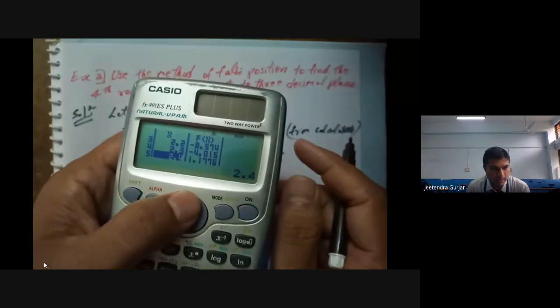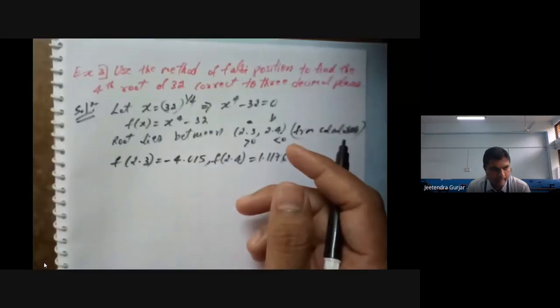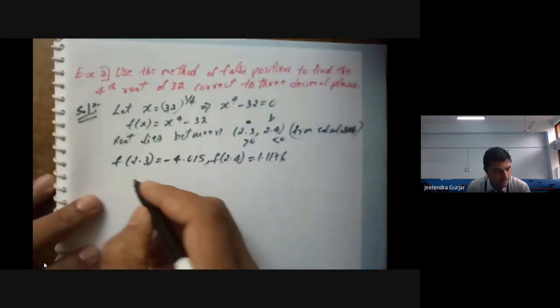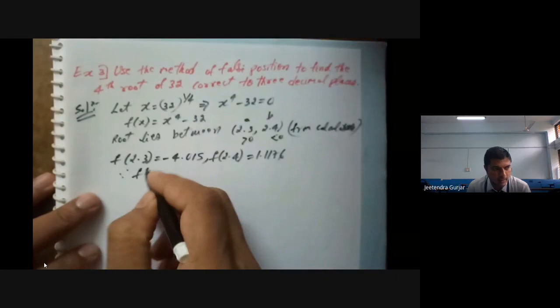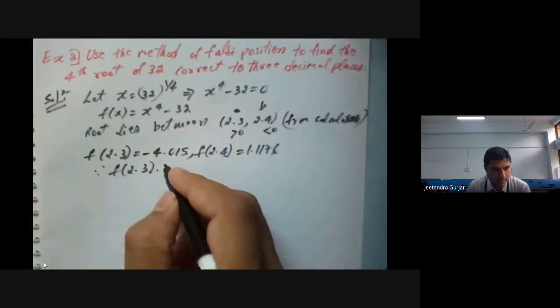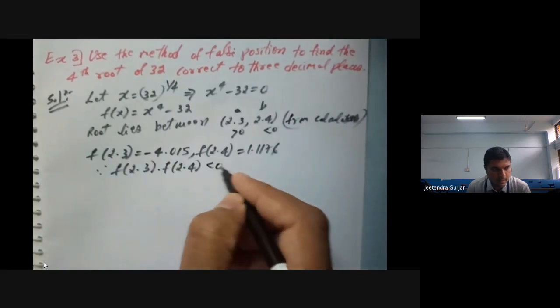I'll show you, wait, how to simplify in the calculator. Yes, those who have understood, tell me the final answer now. Okay. Therefore, what it means, f of 2.3 into f of 2.4 is less than 0.